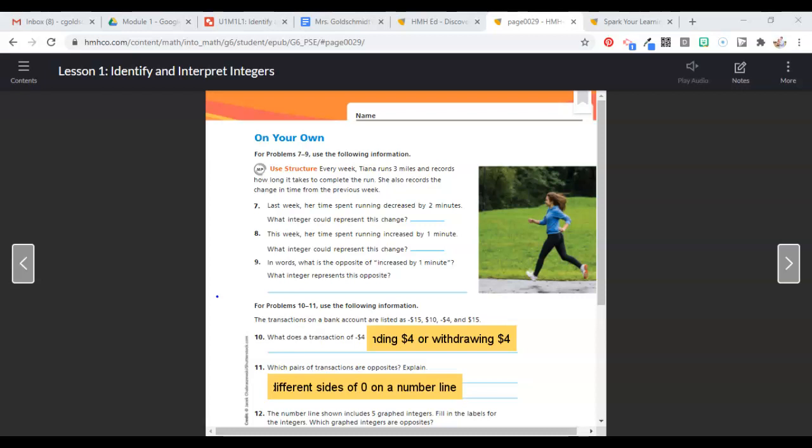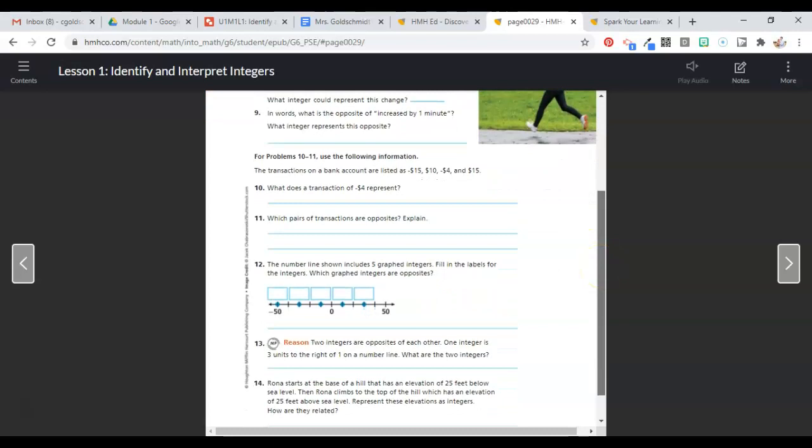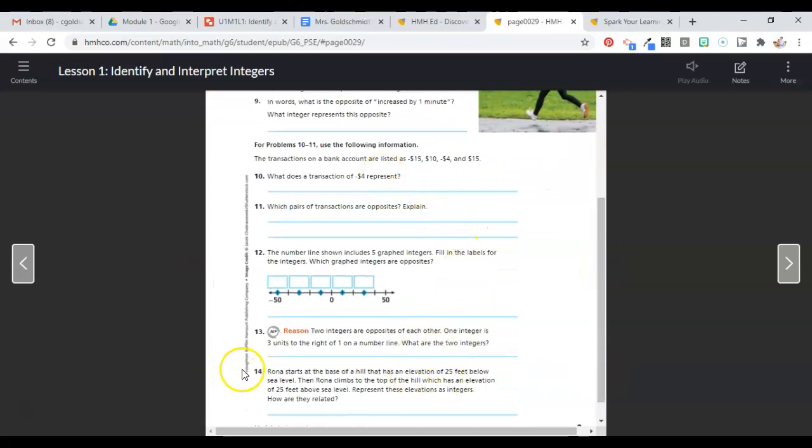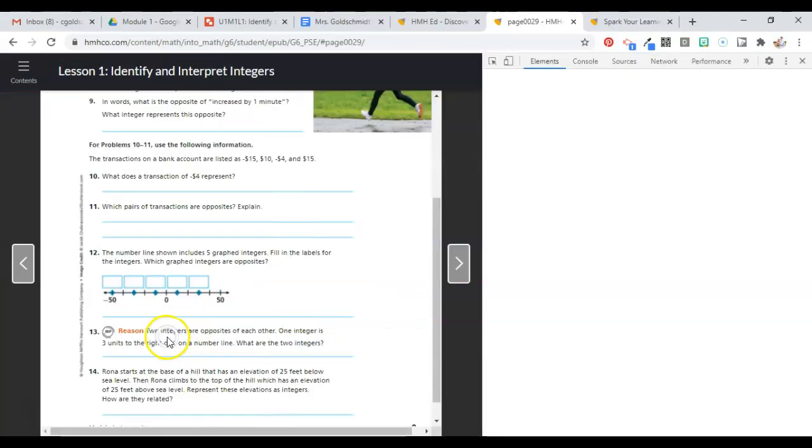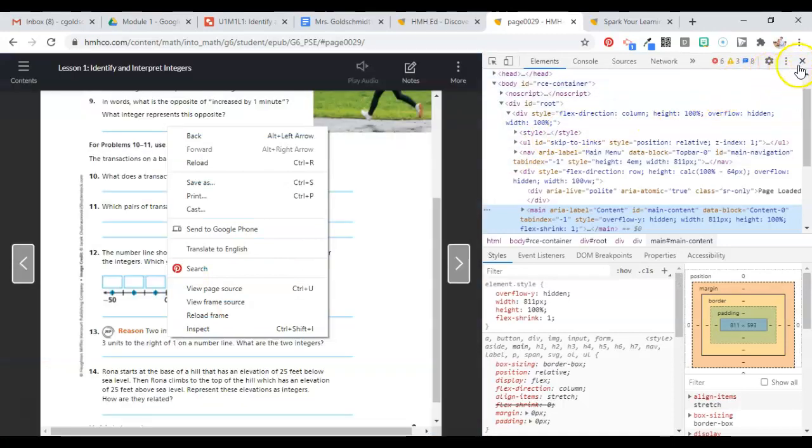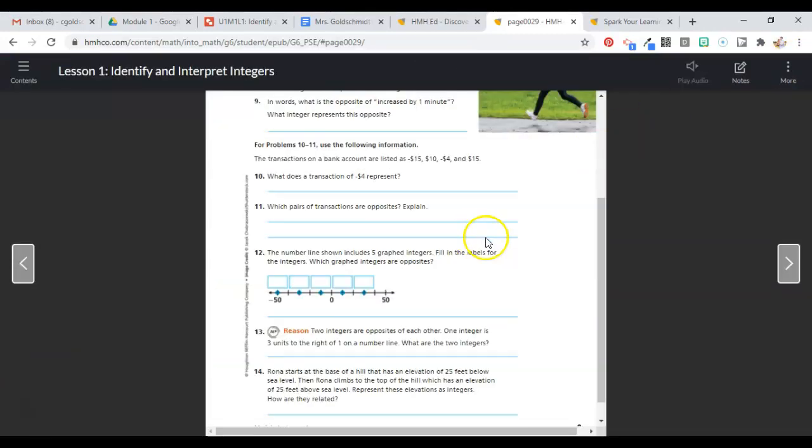And next we're going to look at number 12. Number 12 says the number line shown includes 5 graphed integers.